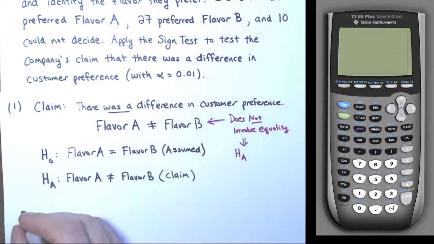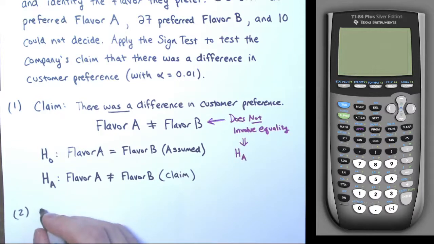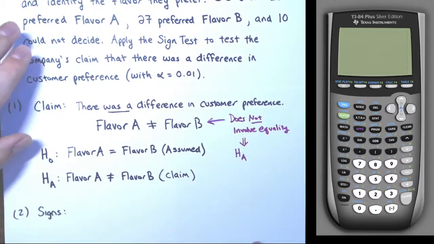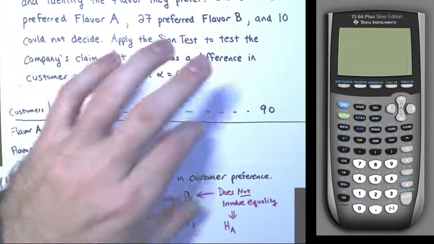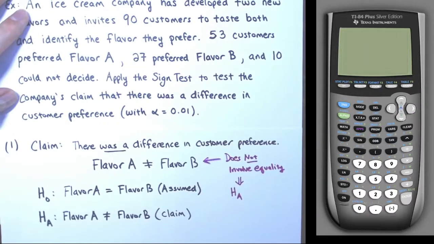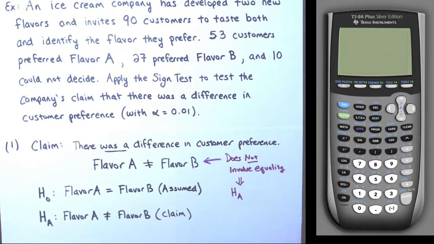All right, so I've got my hypotheses set up. Then I'll go through and assign the signs, the plus signs and minus signs for this sign test. Again, I don't have a little chart with me like the first example, but I do have enough to say some things. I've got to assign my plus signs to mean something, and minus signs to mean something else.